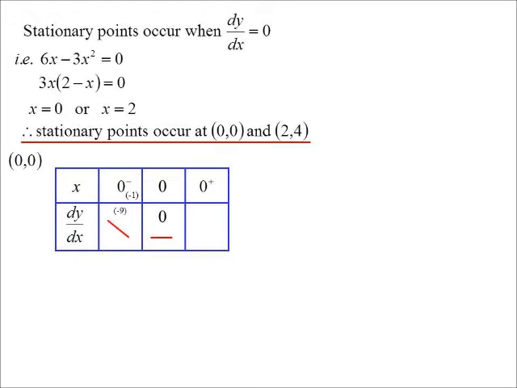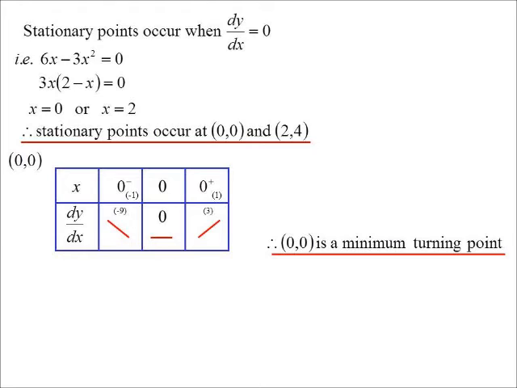Sub that in, I get -9, so I know the curve at that stage is decreasing. On the right-hand side, I'll pick +1, substitute, I get +3. So I now have a bit of a picture telling me what the curve does. It's going down, stationary, going up. So it must be a minimum turning point. It must be a down one that turns at the bottom.